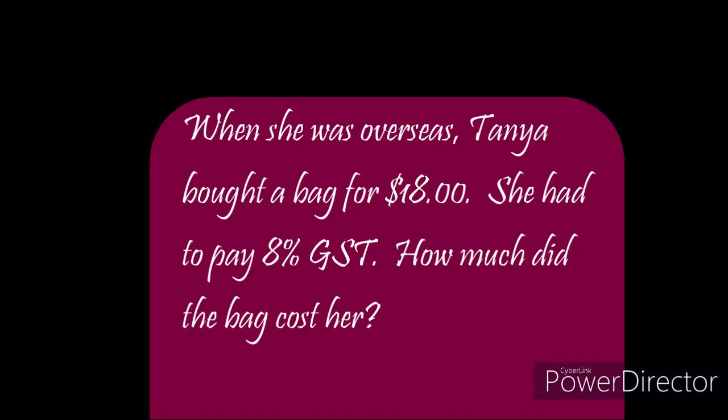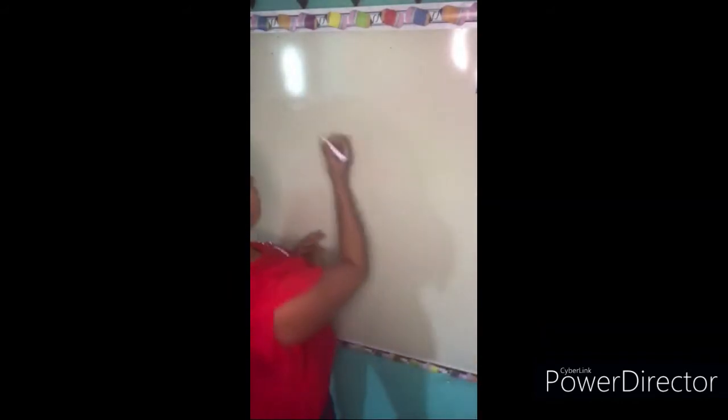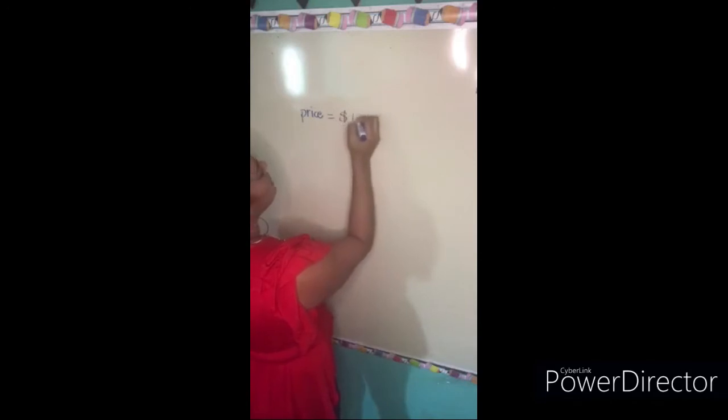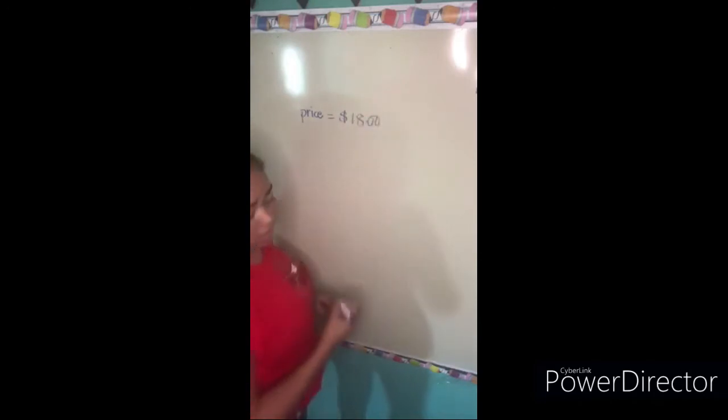When she was overseas, Tanya bought a bag for $18. She had to pay 8% GST. How much did the bag cost her? Let's write what we know. We know that the price for the bag was $18, right?